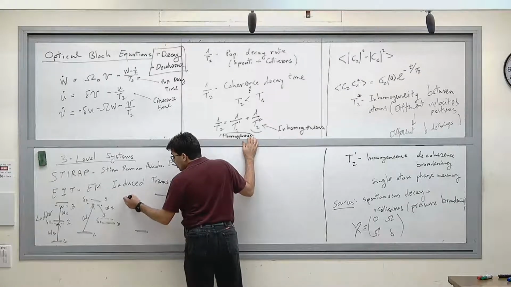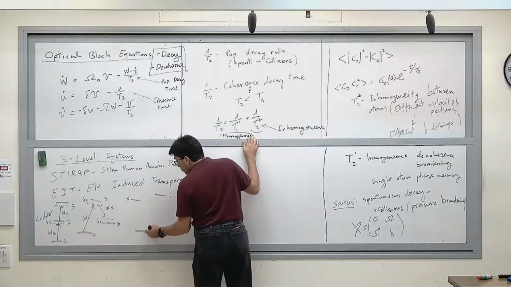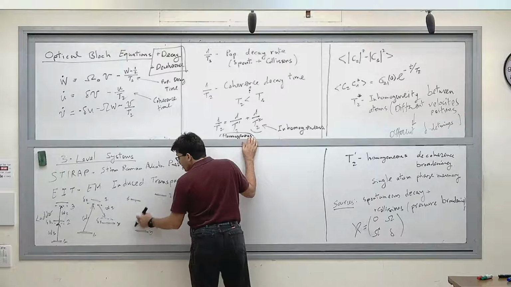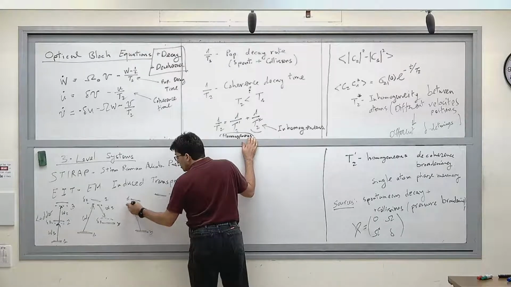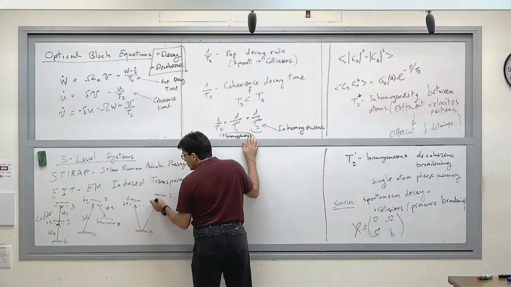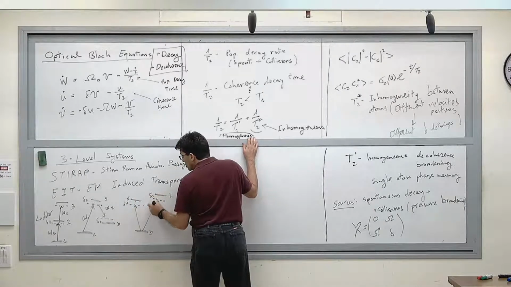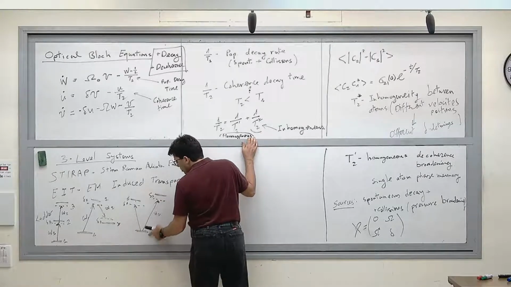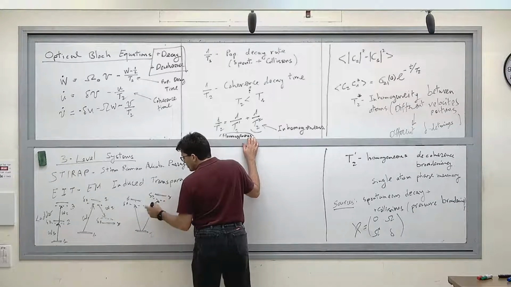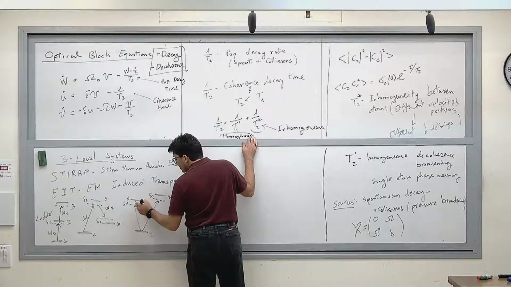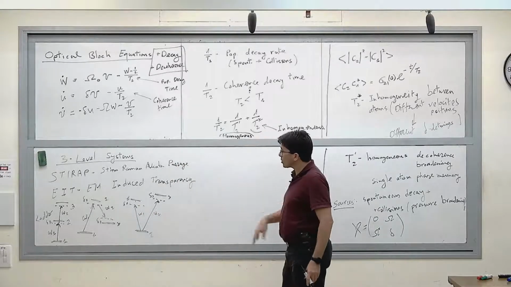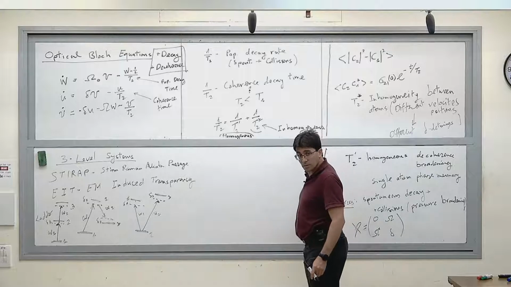Under these assumptions, if I call these 1, 2, and 3, you can see that it's really just the same. There's a laser here, detuning 1, and there's a laser there with detuning 2, omega 2. So they're all possibilities of three-level systems.